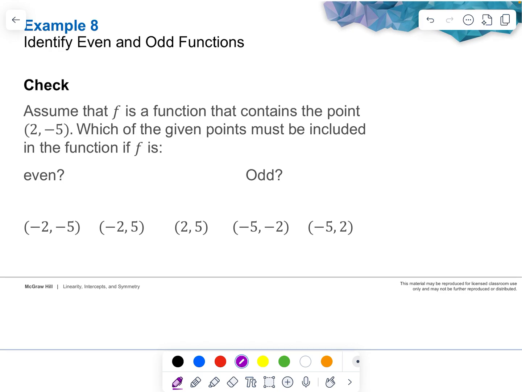You can also look at points and determine, assume that f is a function that contains the point (2, -5). Which of the given points must be included in the function if f is even? So if we have (2, -5), and we want it to be reflected across the y-axis, we would have to have (-2, -5).